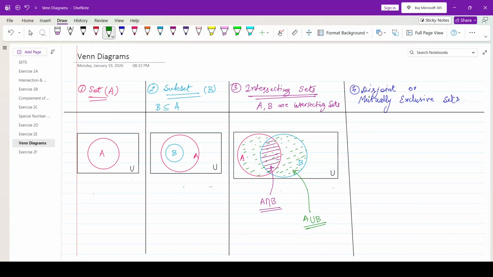Now let's move on to the disjoint or mutually exclusive sets. So let's first draw our universal set.